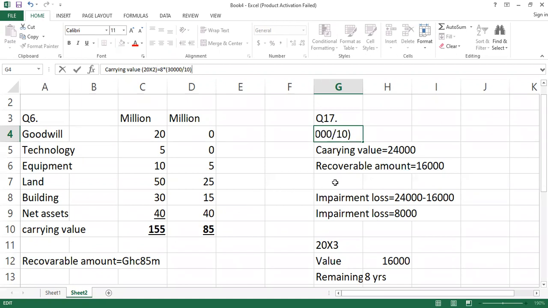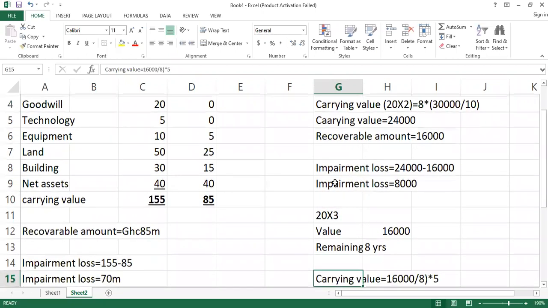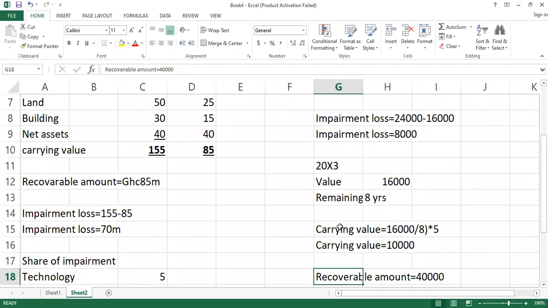So the first one is the first carrying value. Let's move on to the next one. The next one is the 2x5. Let me put 2x5 December here.